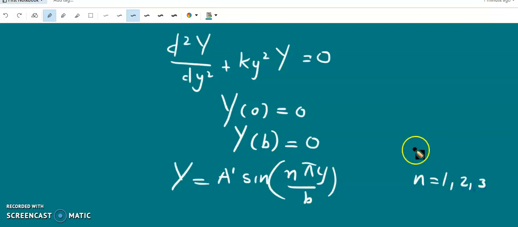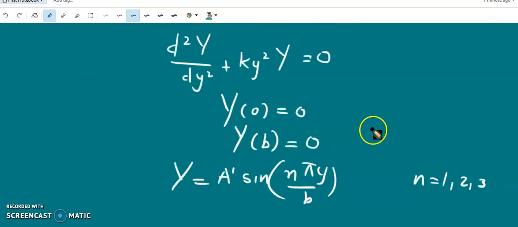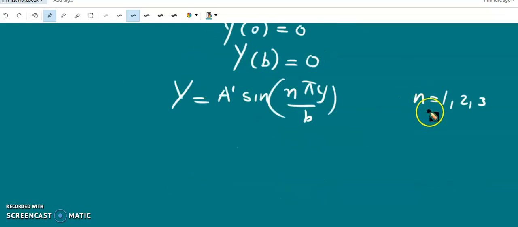In the above equation we chose the integer m; here we have chosen the integer n. The solution is A prime sin (n pi y by b), where A prime is the amplitude.